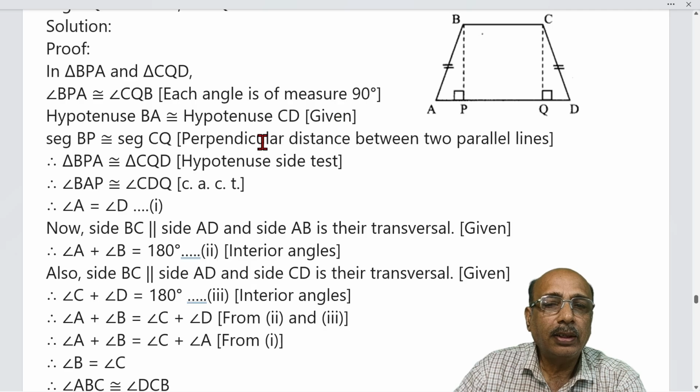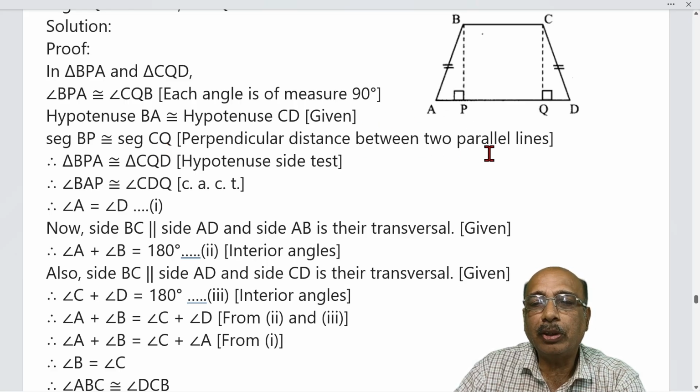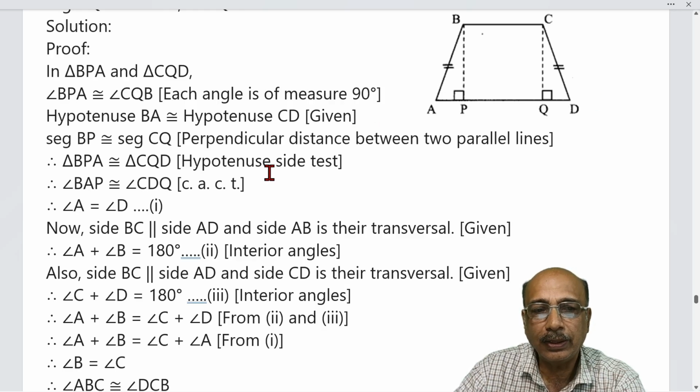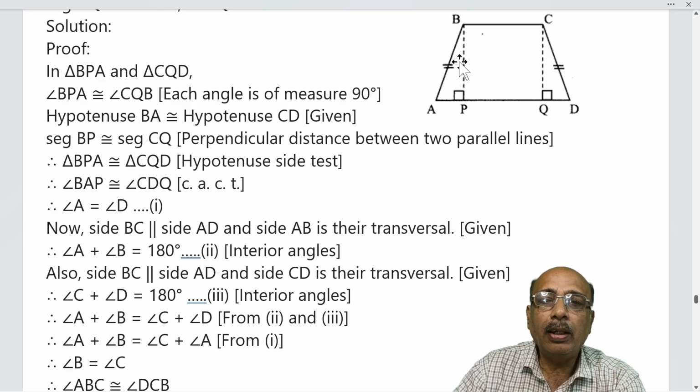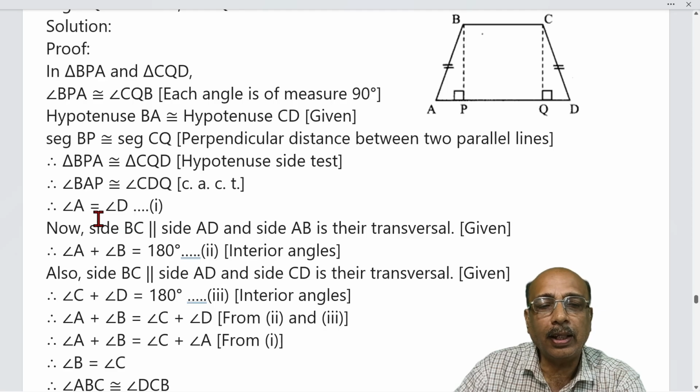Perpendicular BP equals CQ, the perpendicular distance between the two parallel lines. Therefore, triangle BPA and triangle CQD are congruent by the hypotenuse side test. Therefore, angle BAP is congruent to angle CDQ, corresponding angles of congruent triangles. That is, angle A is congruent to angle D.